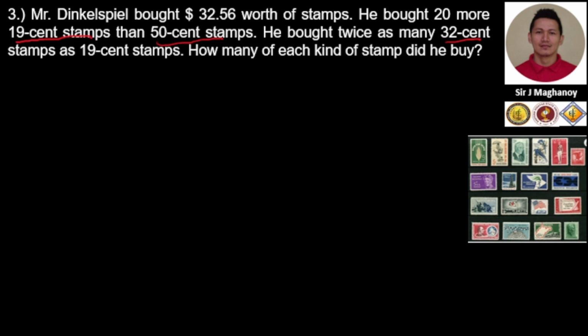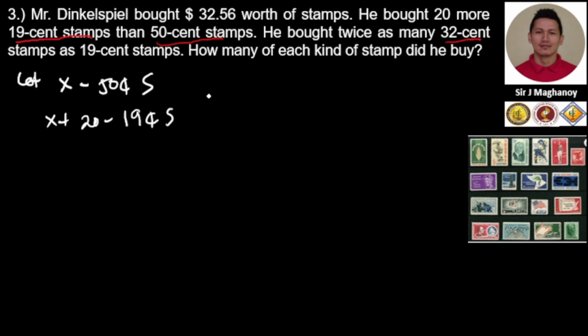We need to formulate our variables. Let x be our 50-cent stamps. He bought 20 more 19-cent stamps than 50-cent stamps, so x plus 20 is our 19-cent stamps.